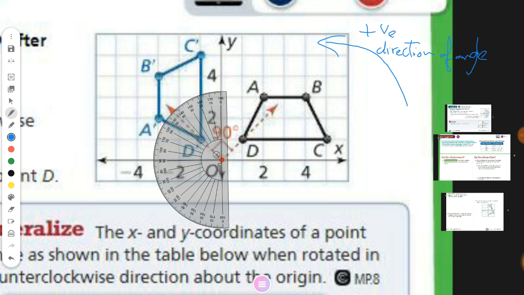Positive direction of the angle means to go to the left-hand side, or we can call it anti-clockwise. And the opposite direction is the negative direction of the angle. So we can measure the angle, but with a negative number. And we call it clockwise.